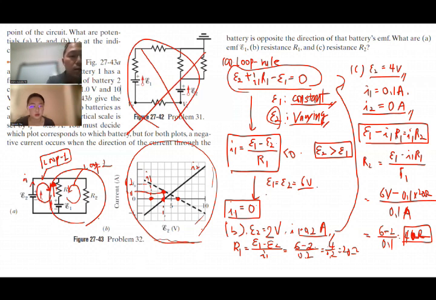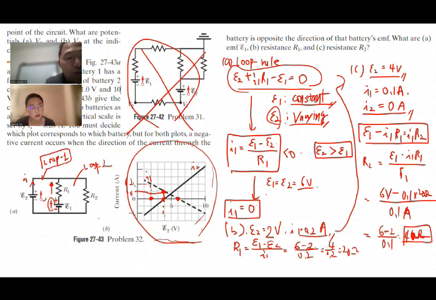Oh, see that this E1 is plus and minus, right? So that indicates that the direction of this E1 is upward, so it produces current in this direction.